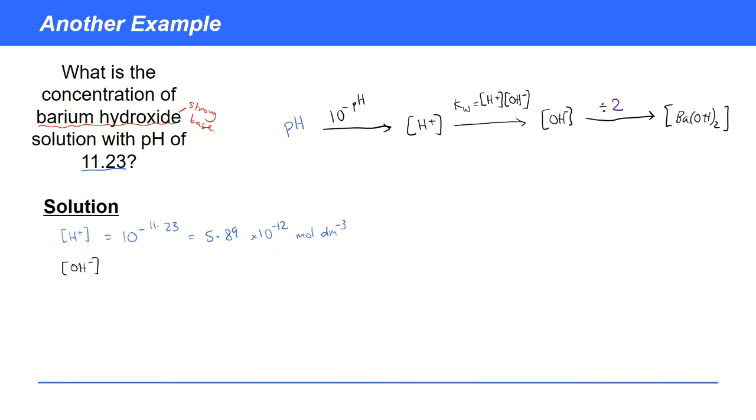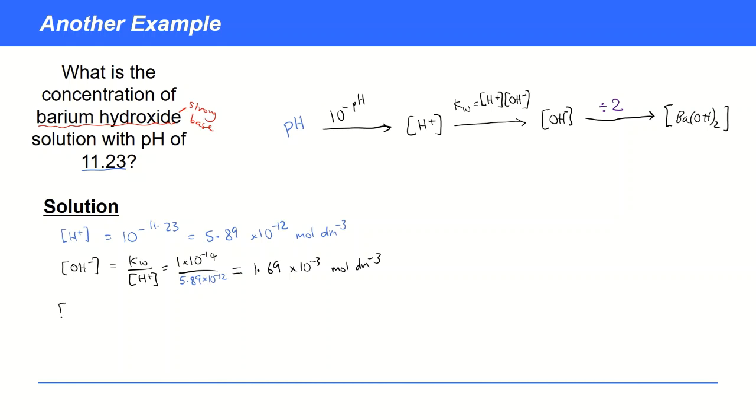We need to make this the subject, so we're going to divide both sides by H+. And that's going to be 1.69 times 10 to the minus 3 moles per decimeter cubed.